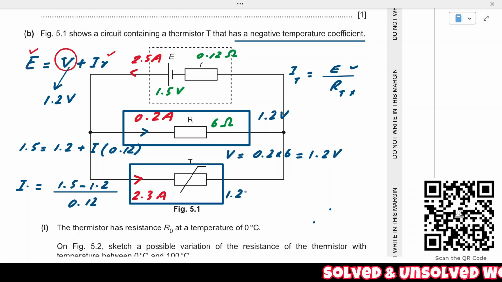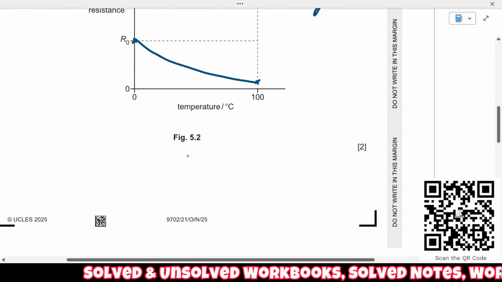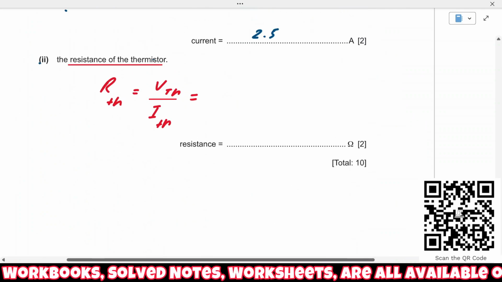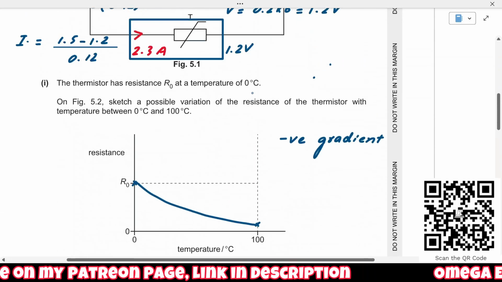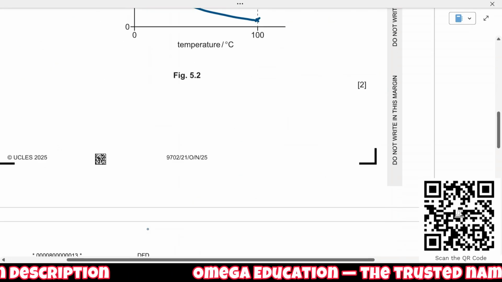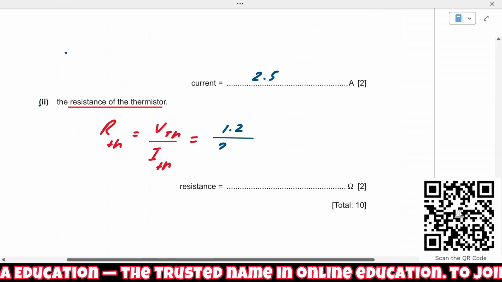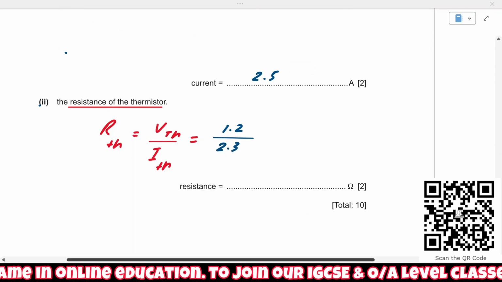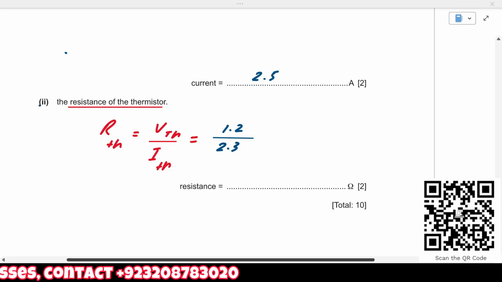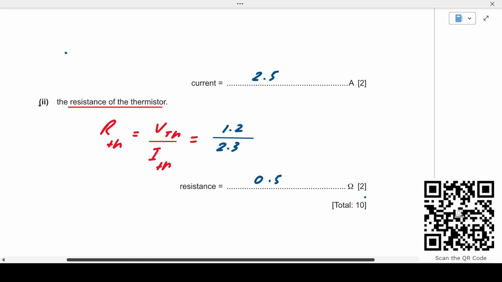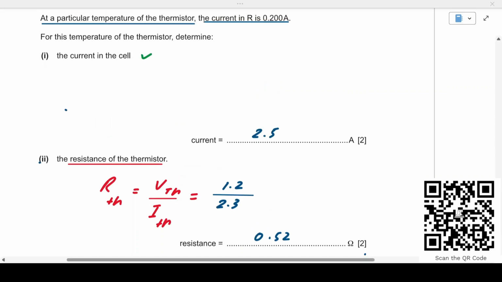Then the voltage across the thermistor should also be 1.2 volts. So 1.2 divided by the current flowing through the thermistor, 2.3 amperes. 1.2 divided by 2.3 is 0.52 ohms.